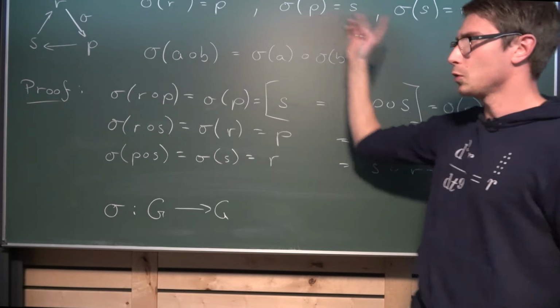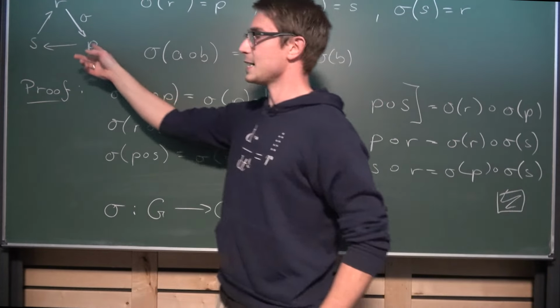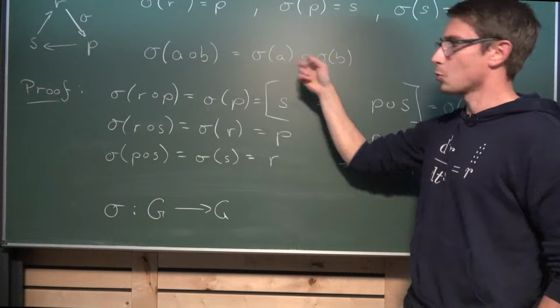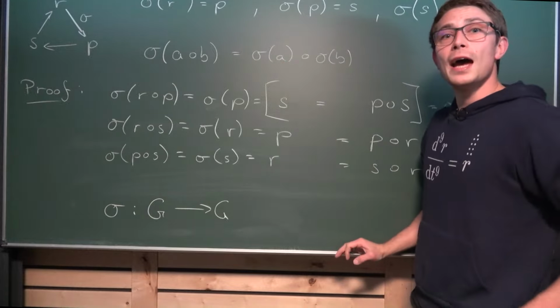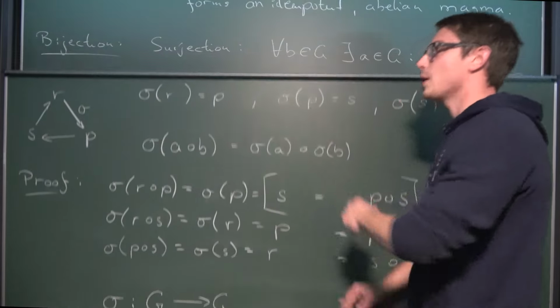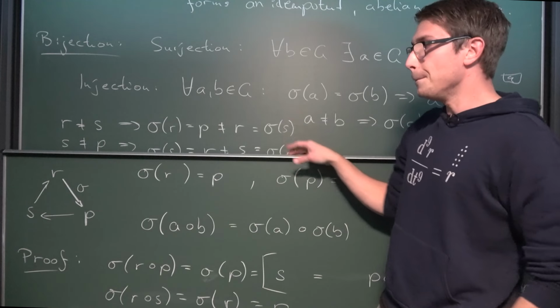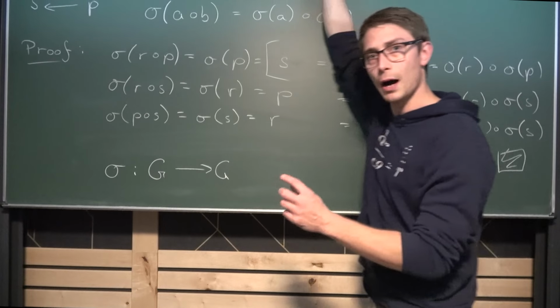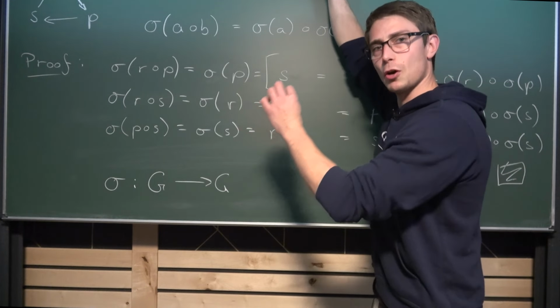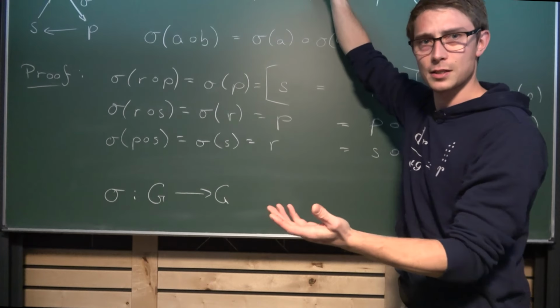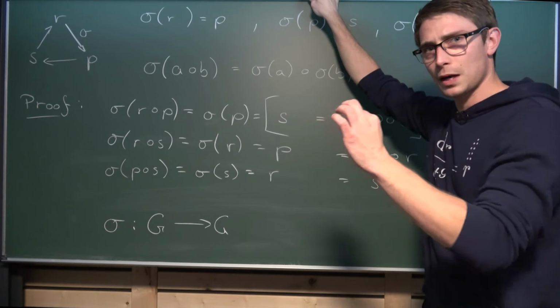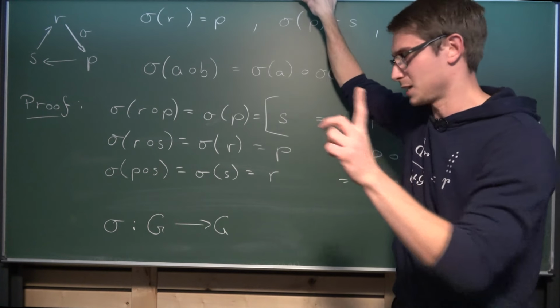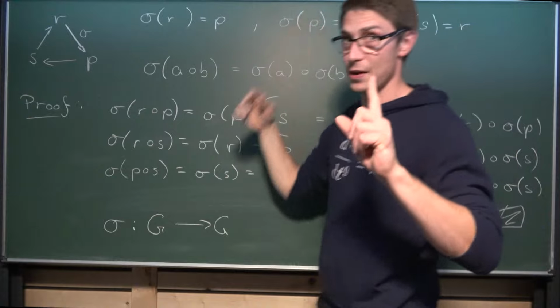Doesn't matter if we take our original game of rock, paper and scissors or if we take this directed graph, our original operation is going to be preserved. And also, our operation is a bijection, meaning next to our original function sigma, the inverse of sigma does also exist. And what the inverse of sigma is, we are going to talk about this in a second. It's an automorphism now, and this is very good.